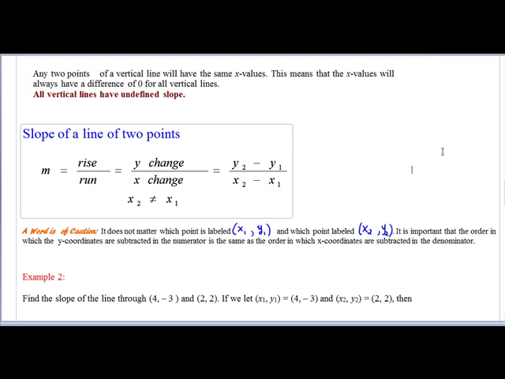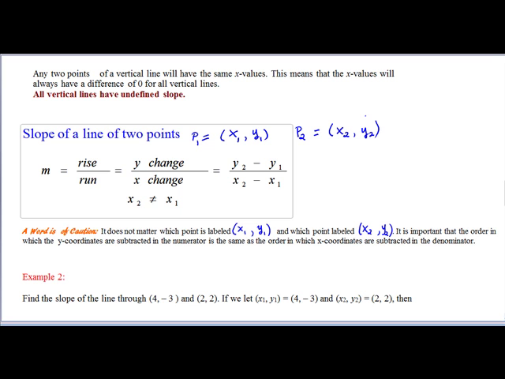So let's look at the formula for the slope of a line through two points. The slope is rise over run, or change in y over change in x. If you have two points on a graph, let's say I have x1, y1, so here's point 1, and then point 2 we label x2, y2.